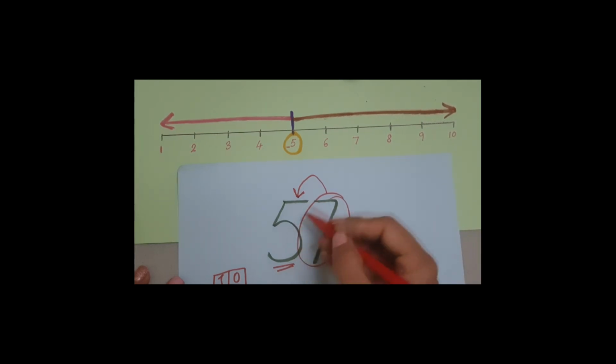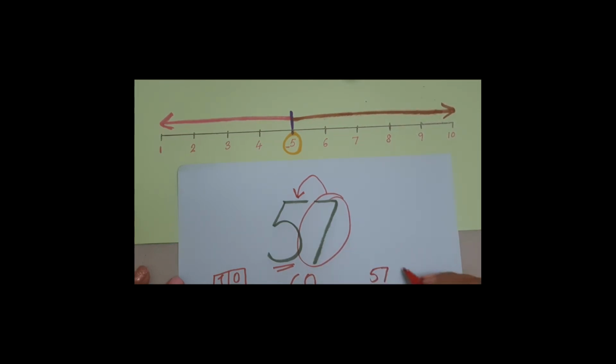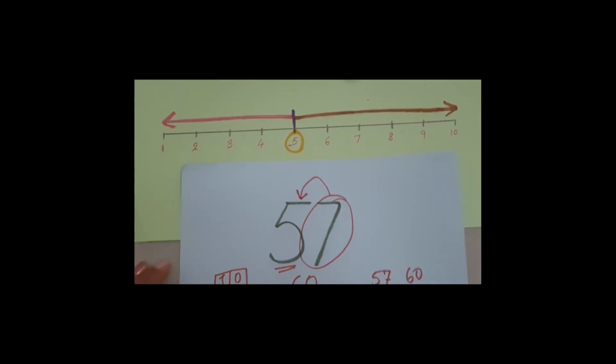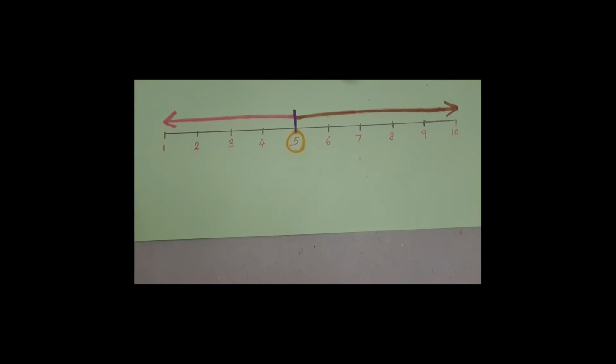So for 5, the next ten is 6, and in place of 7 we will write 0. So 57 is rounded to 60.